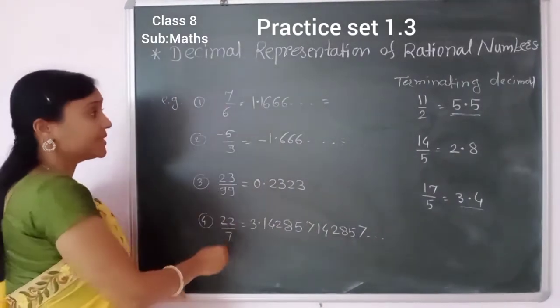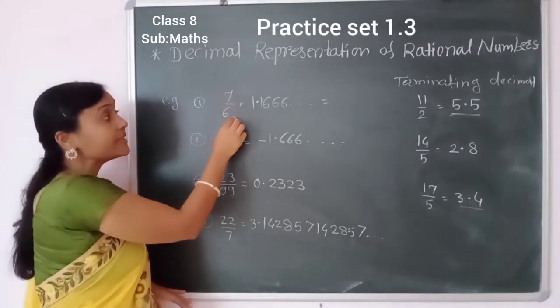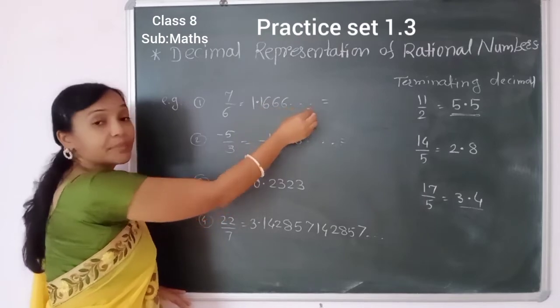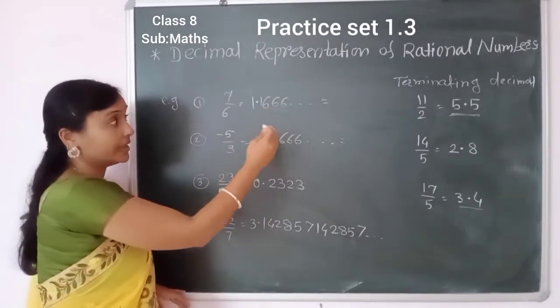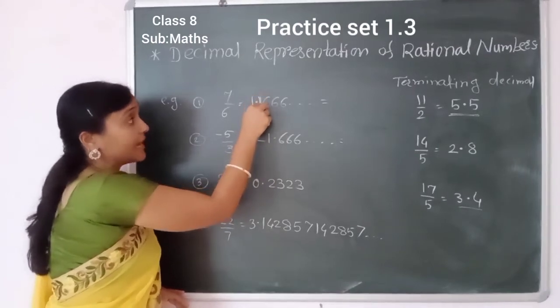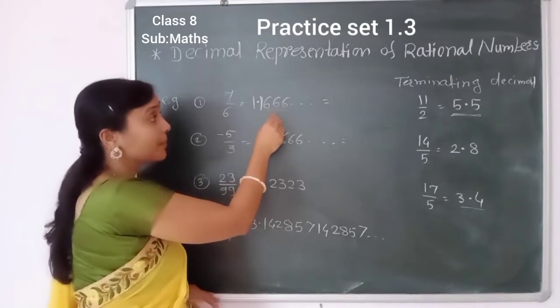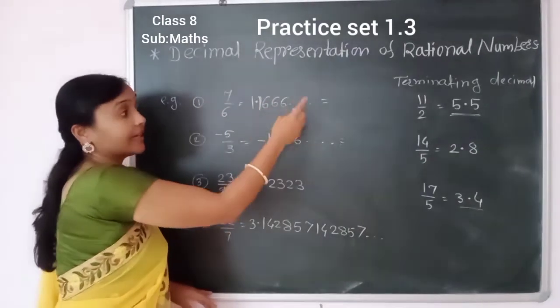Now see some more examples. When we divide the numerator by the denominator, 7 by 6, then we get the answer 1.16666. It means one digit is repeated again and again. This number is called a non-terminating and recurring decimal number. Why recurring? Because one digit repeats again and again.